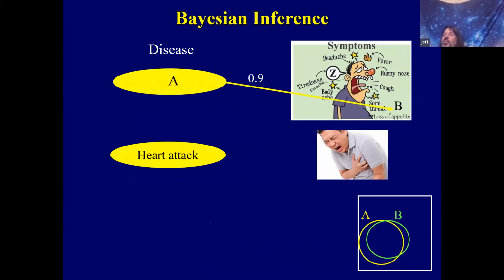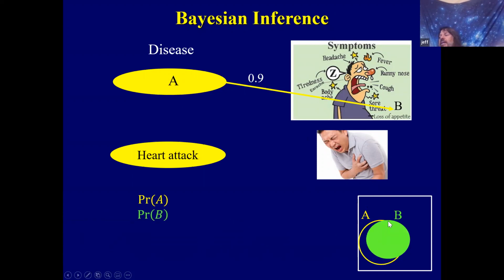And the way we do this is, let this be a square of area 1, and I'm going to throw darts randomly in the square, and if it lands in the yellow circle, then A is true, meaning I have a common cold, and the probability of A is the area of this circle.